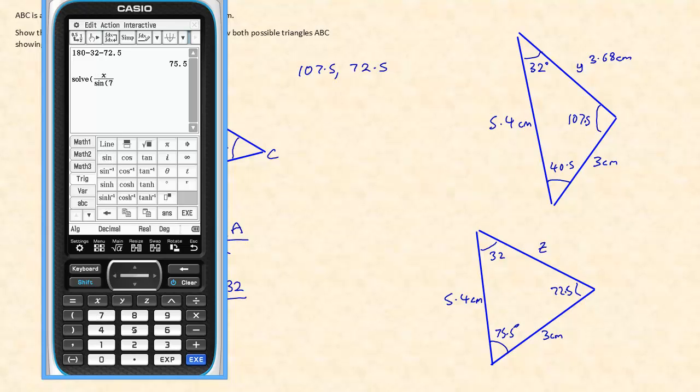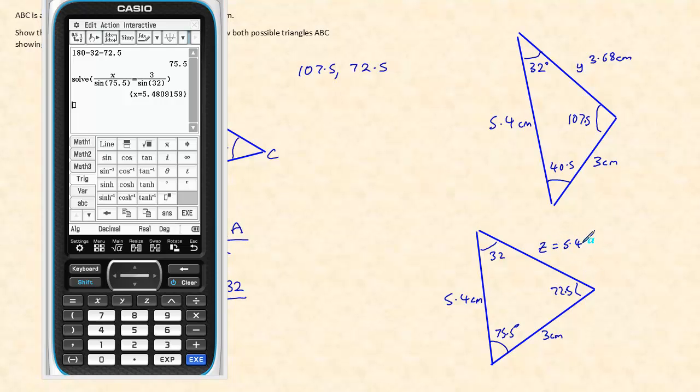Sine 75.5, and that's going to be equal to, and again we'll use the information that we were given, so we'll use the 3 over the angle opposite, so that will be sine of 32, and execute, and we get 5.48, and we'd expect that to be the longest side because it's opposite the largest angle.